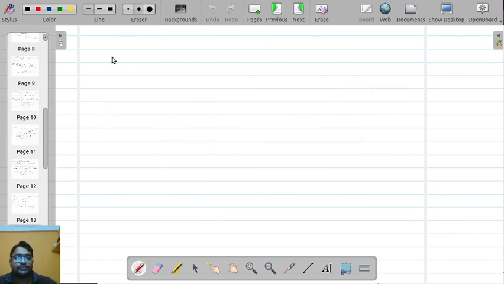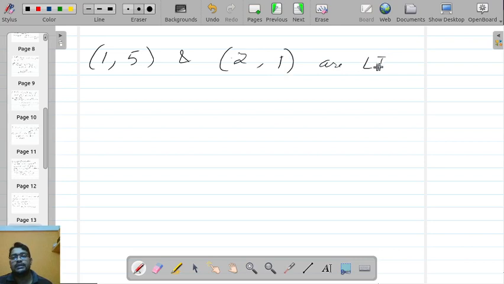Similarly, you can show something like this: (1,5) and (2,1) are linearly independent. How do I show this?